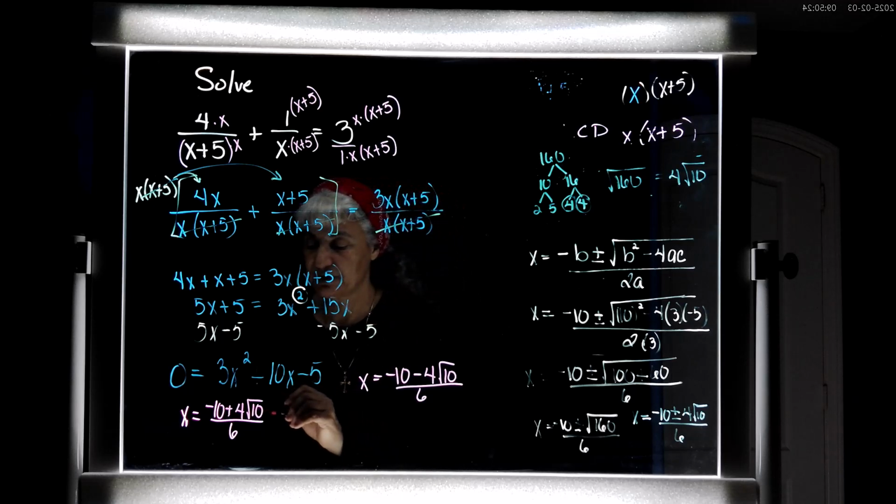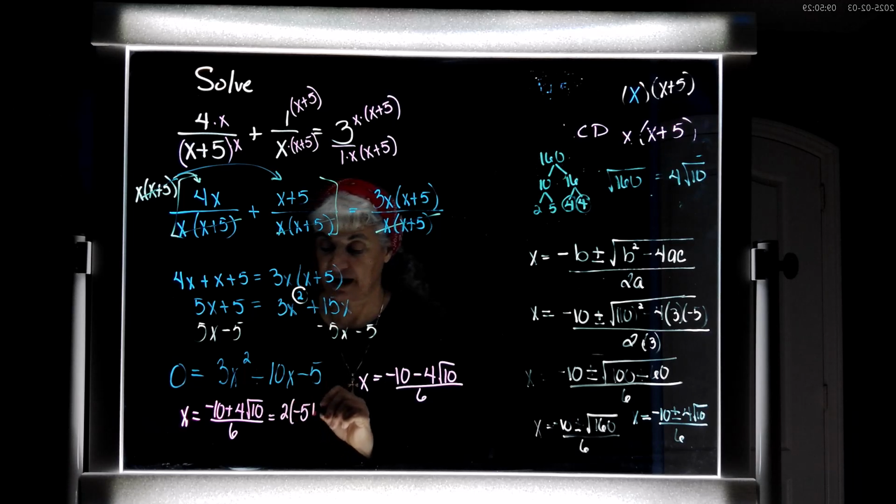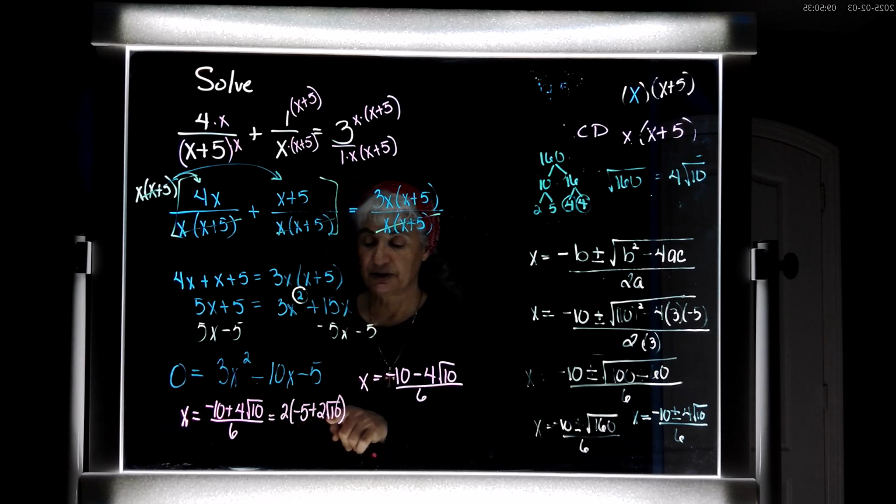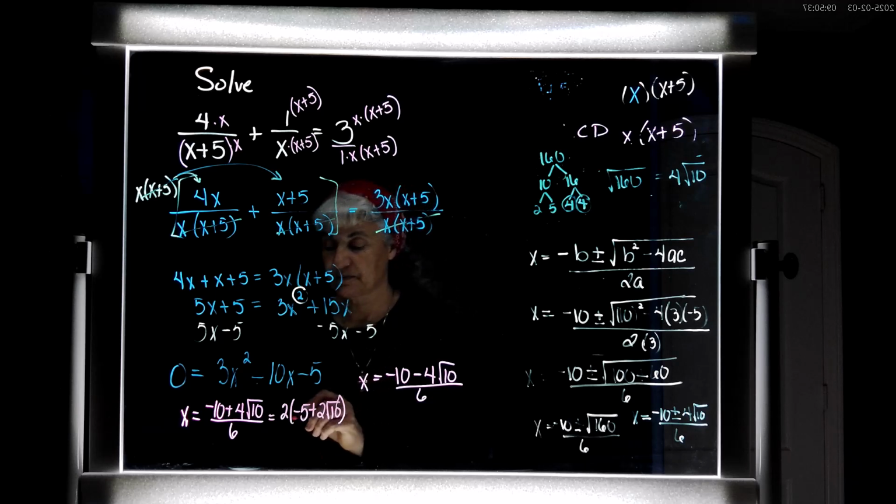What I'm noticing is the numerator, I can factor out a 2. So when I factor out a 2, that's what remains, yes? Negative 5 plus 2 root 10 all over 6. This reduces to a 3.